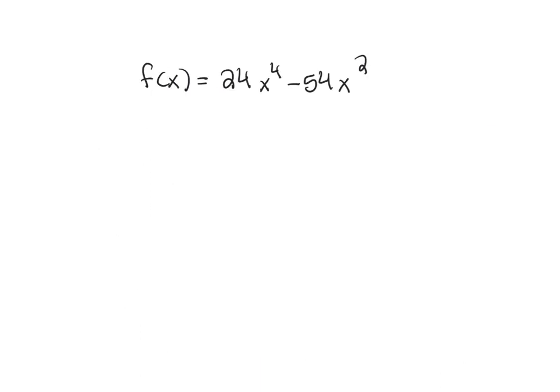So for today's lesson, we are looking at polynomials that can be factored, and we're going to factor them and then find their zeros. So in this case, there is a greatest common factor between the terms of 6x squared.